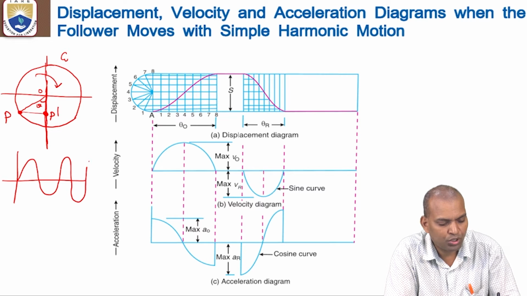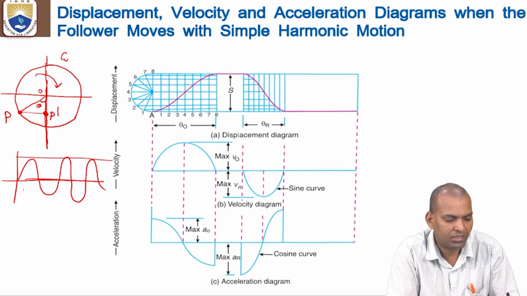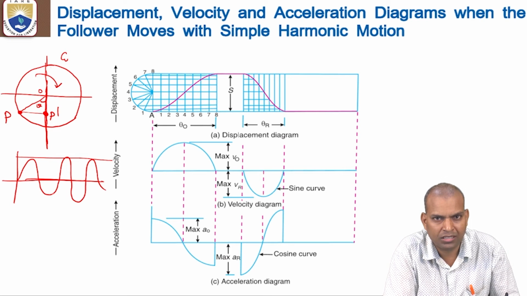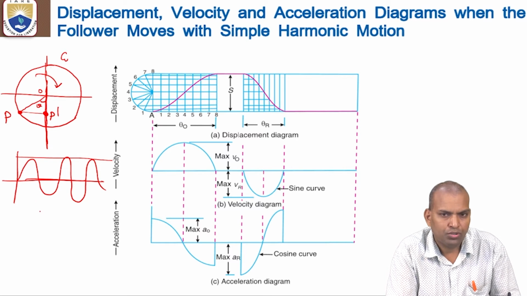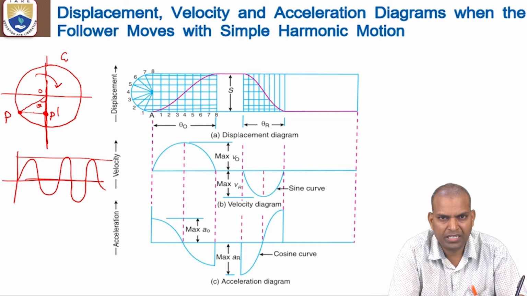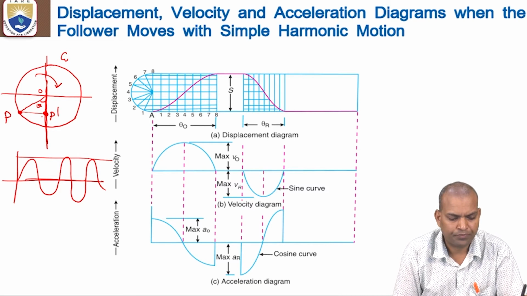That simple harmonic motion curve is in terms of sine and cosine, sine theta and cos theta. So the motion of the particle P dash matches the motion of the follower, and that motion is simple harmonic motion.